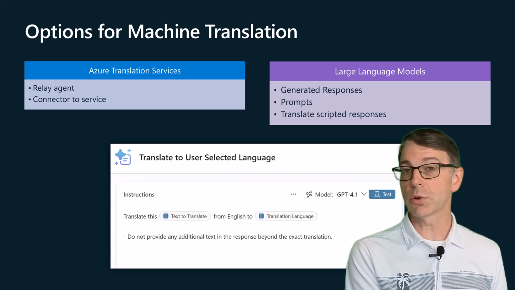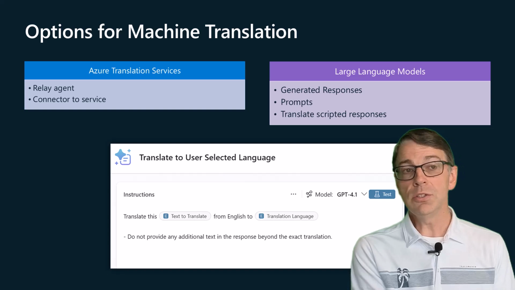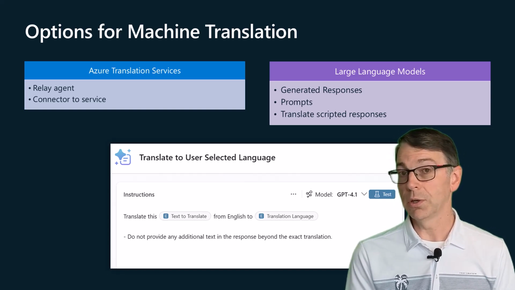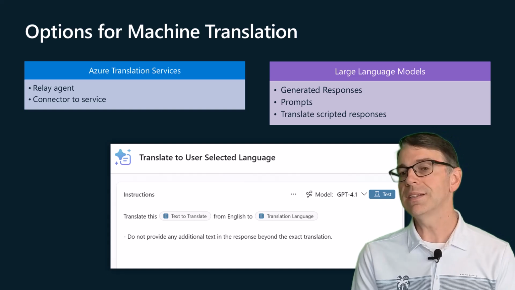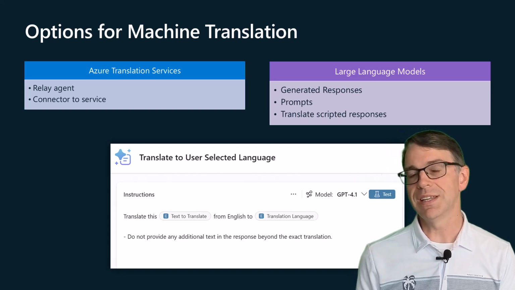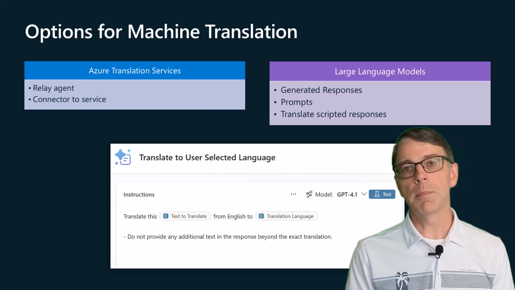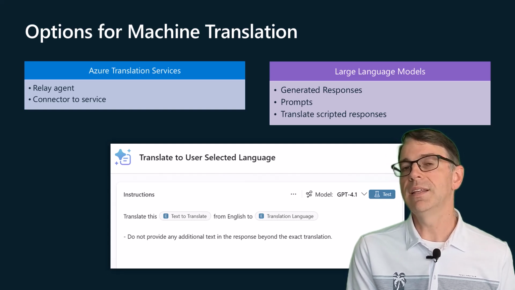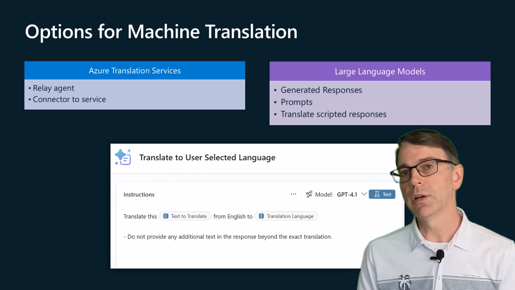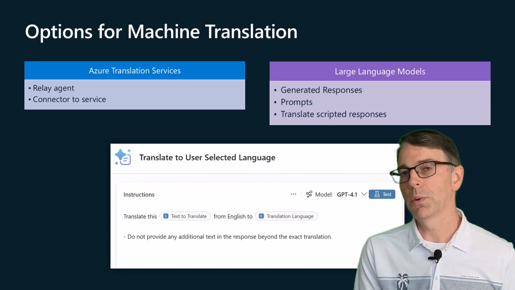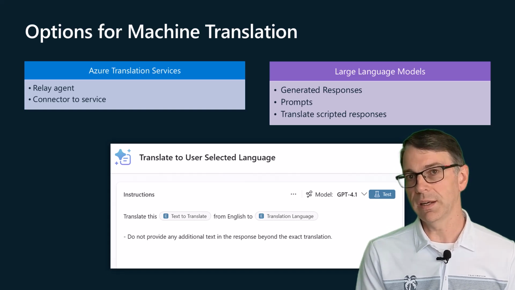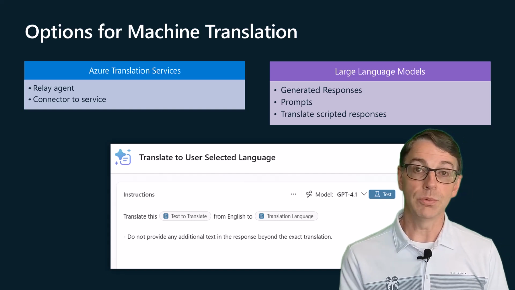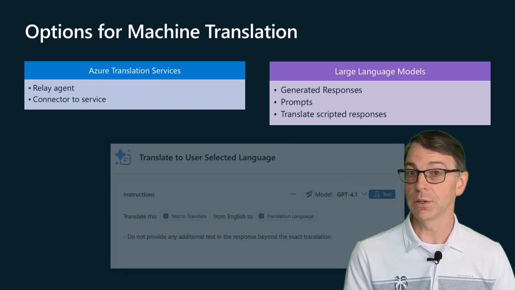So if you have scripted responses, then in your actual implementation of the topic or where you're scripting your response, you can pass it back through a prompt to get it translated. A common way that people do that is they create a topic for translation, and then they just reuse that topic over and over to pass it through a prompt to get a translated version that's being used in a consistent fashion without having to do that prompt engineering for every single topic.